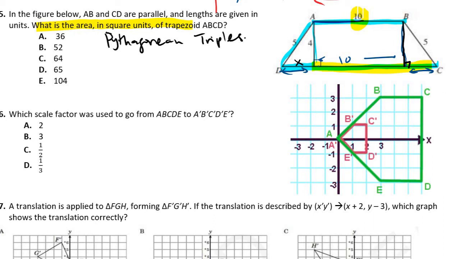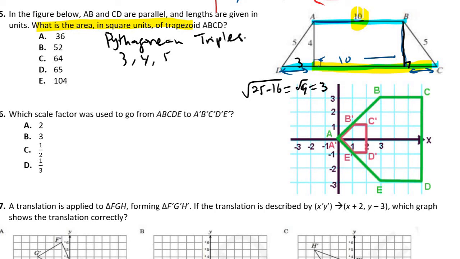If I do this by doing the actual work, I will have to do 5 squared minus 4 squared and take the square root of that. 25 minus 16 and the square root of 9, which is 3. So this is called a 3, 4, 5 triangle. That's what I mean by triples.